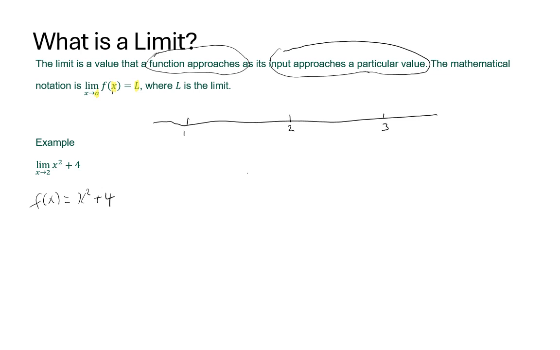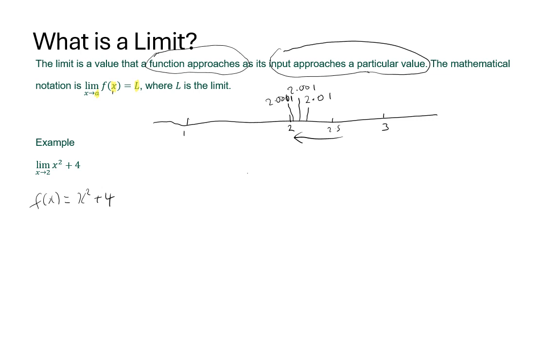The values approaching 2, maybe we can start with 2.5, then 2.01, then 2.001, then 2.0001. All these values are approaching 2, and these are the values approaching 2 from the right.